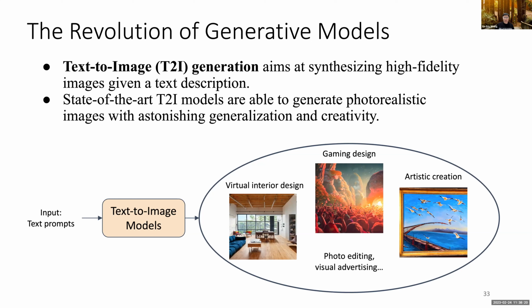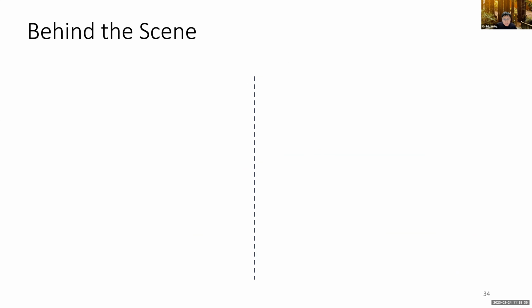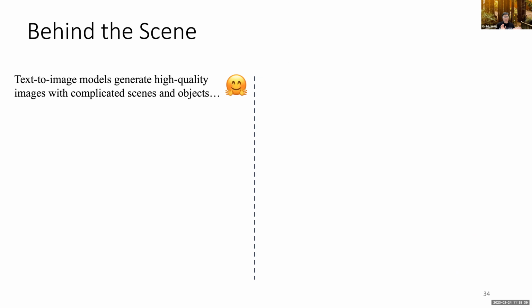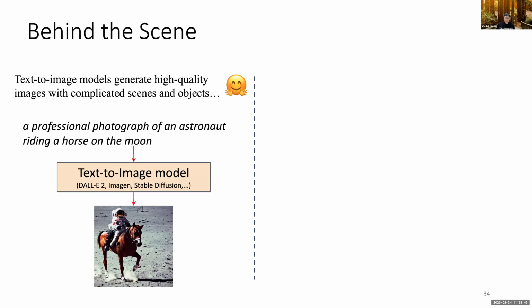It can be used for virtual interior design, game design, artistic creation, photo editing, or visual advertising. Text-to-image models generate high quality images with complicated scenes and objects, like a very creative image of a professional photograph of an astronaut riding a horse on the moon, right?